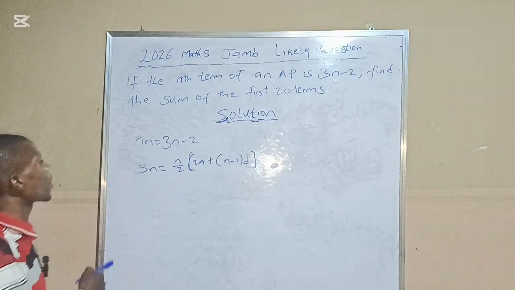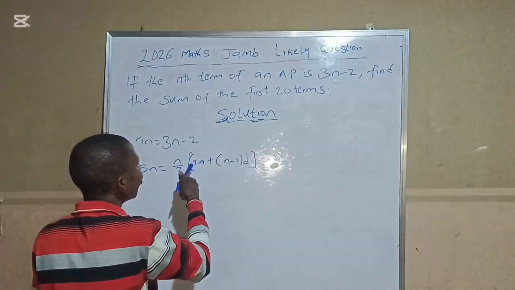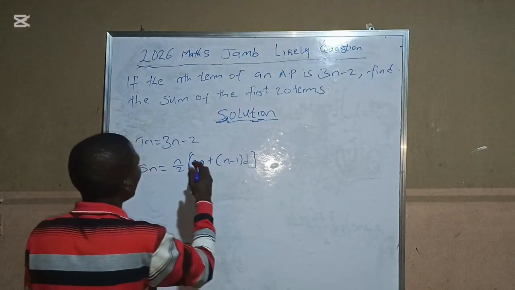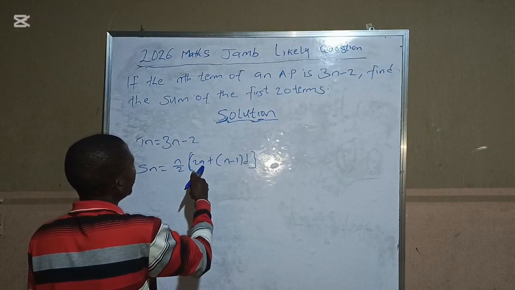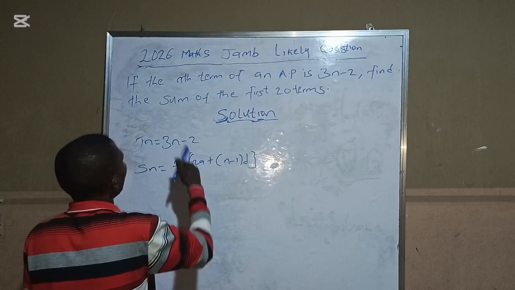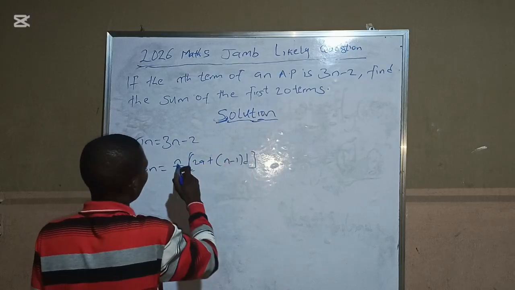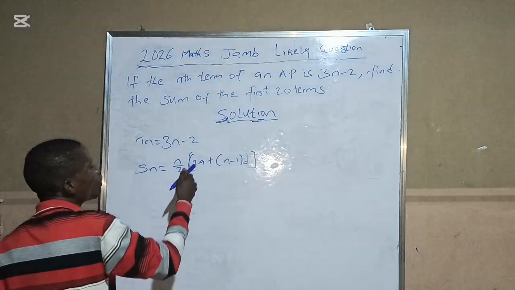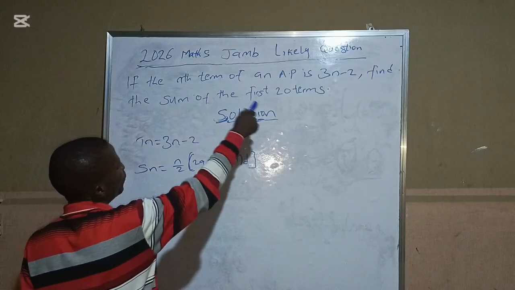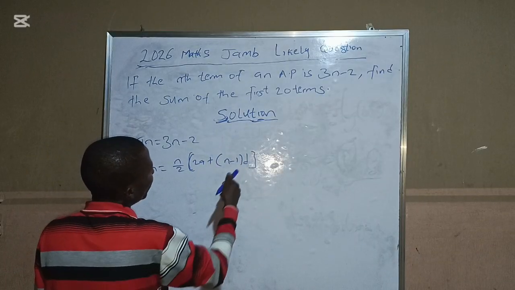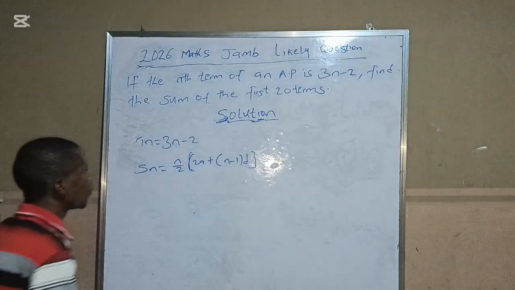You can see there are some parameters we don't know. We know the value of n is 20, but we are not given the first term a, and we don't know the value of d.